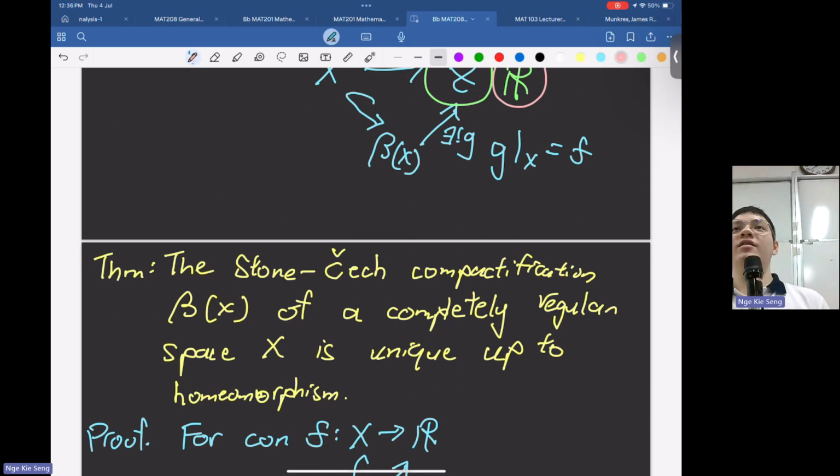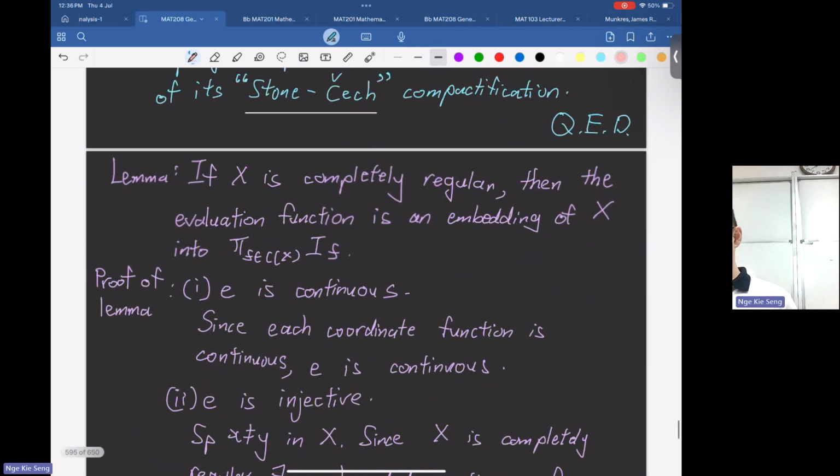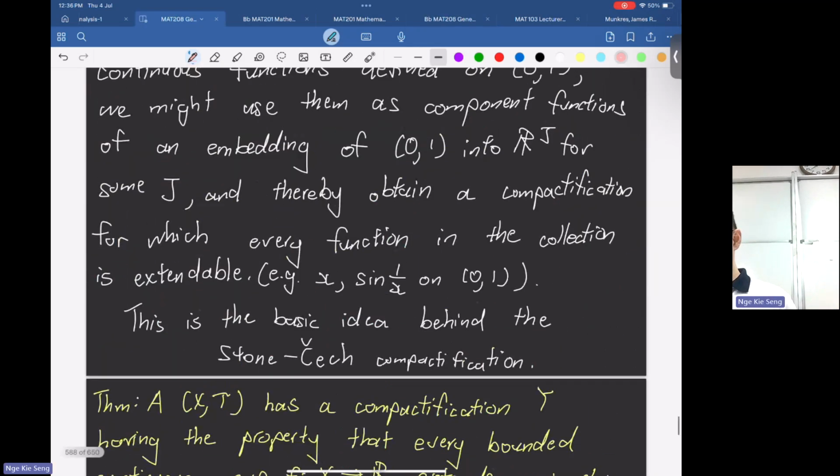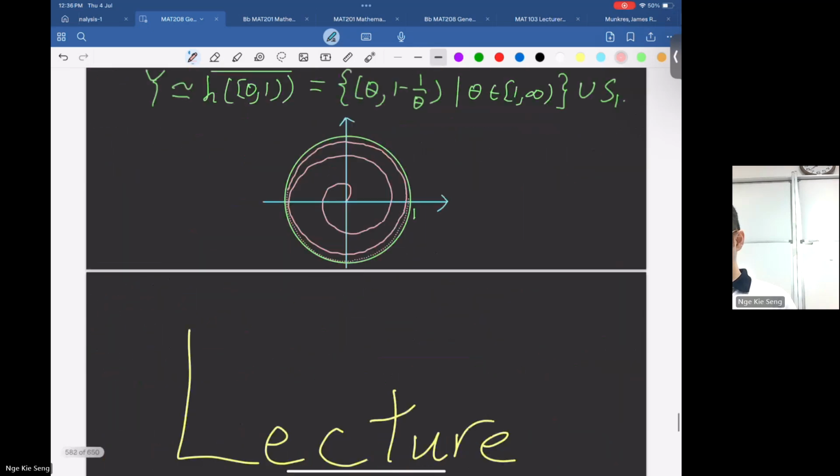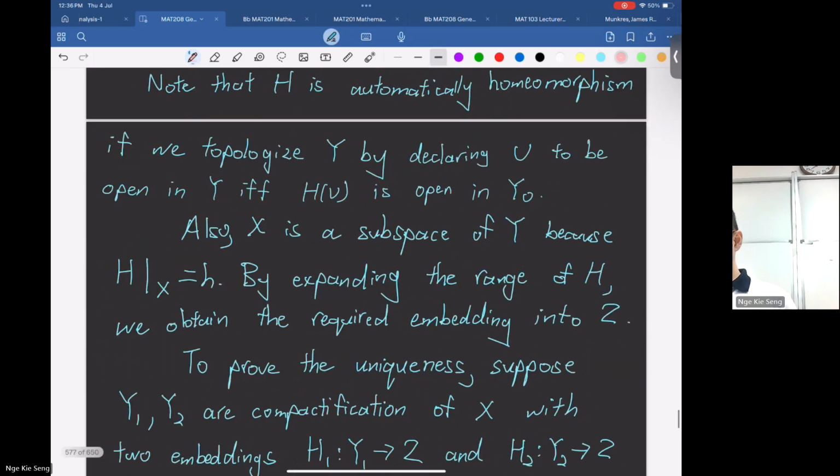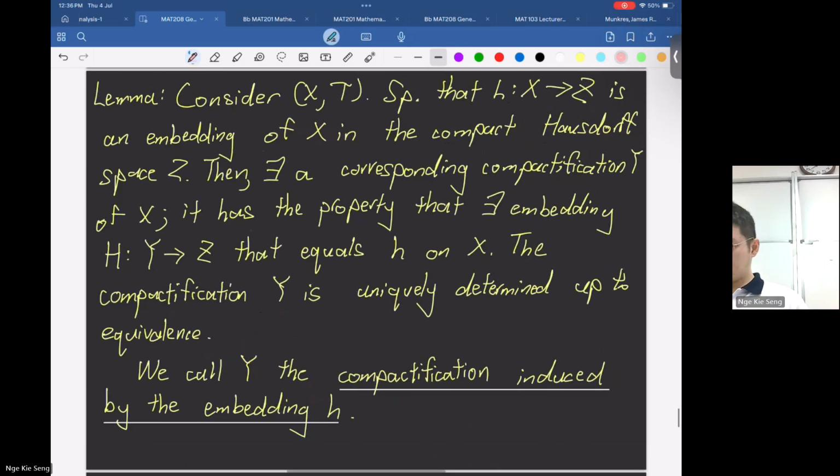We use the embedding to find the compactification. We haven't proved uniqueness yet. Are you claiming that we use the uniqueness from the closure of the embedding? Because we have proved this lemma here. Are you referring to this? Yes. Okay.